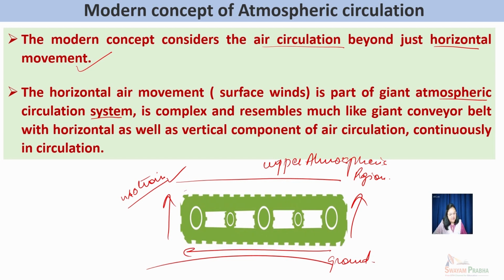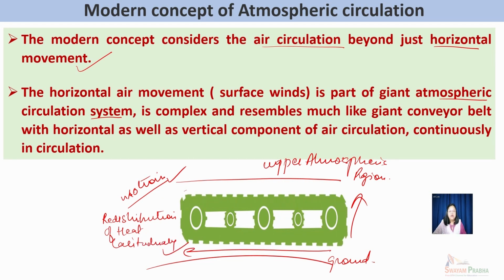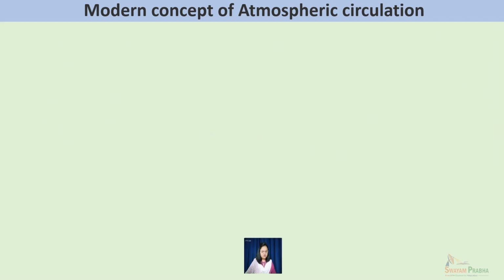And this entire continuously moving giant conveyor belt helps in the redistribution of heat latitudinally throughout the globe and maintains the average temperatures on Earth, maintains the heat budget of our planet. So let's see what different models were developed under the modern concept to explain the general atmospheric circulation now.